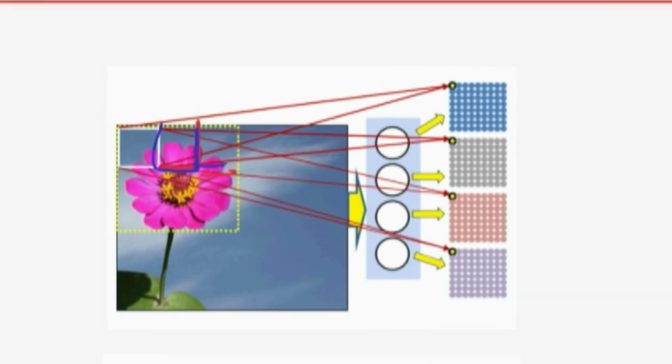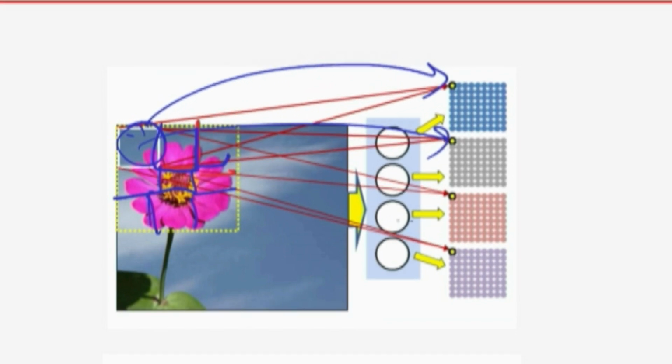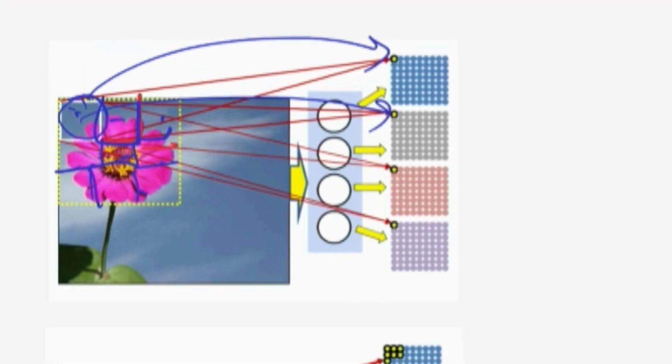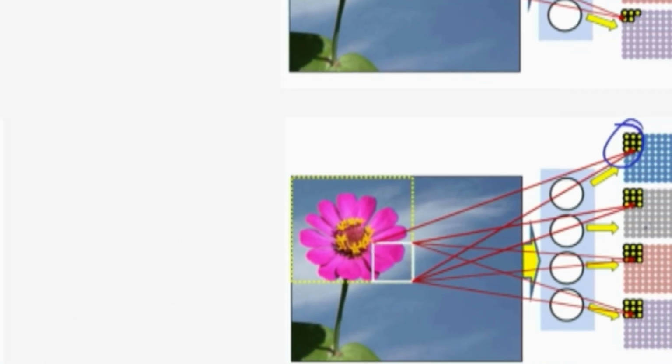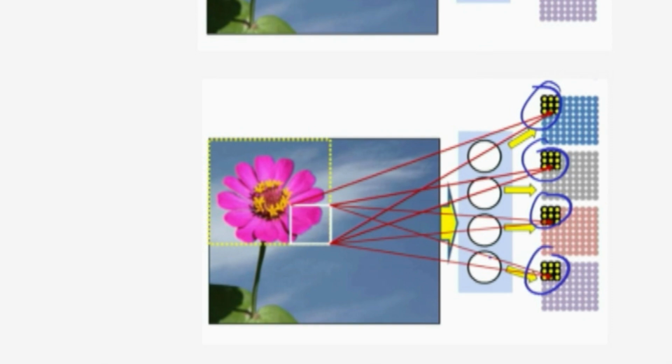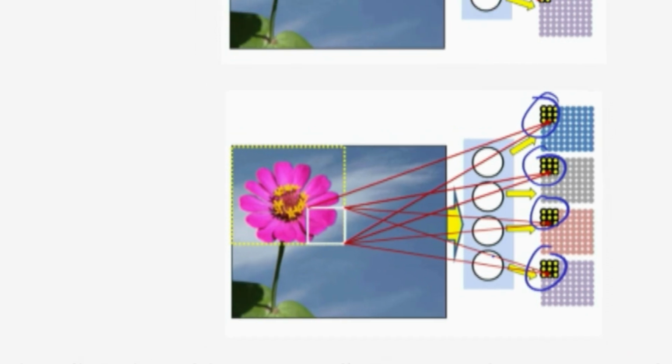If you scan this region, you get this output, and the second neuron also scans the same region and gets this output, and the third neuron also scans the same region, and so on. Obviously this small white block is moving, so it will produce 3 by 3, overall a 3 by 3 region. So each neuron has produced a 3 by 3 output after scanning only within this yellow box first.